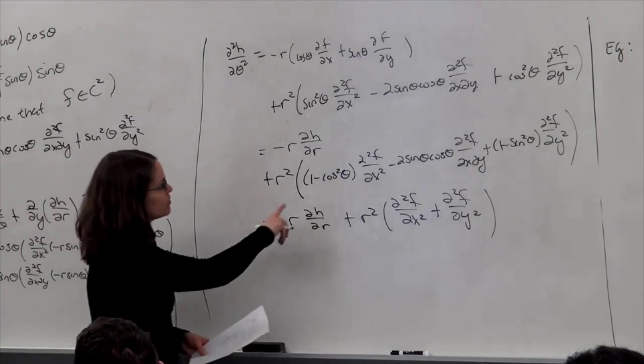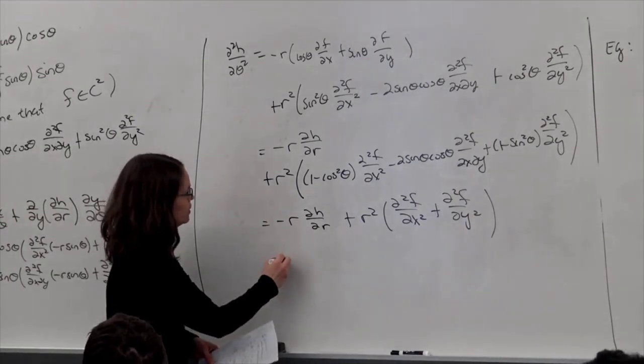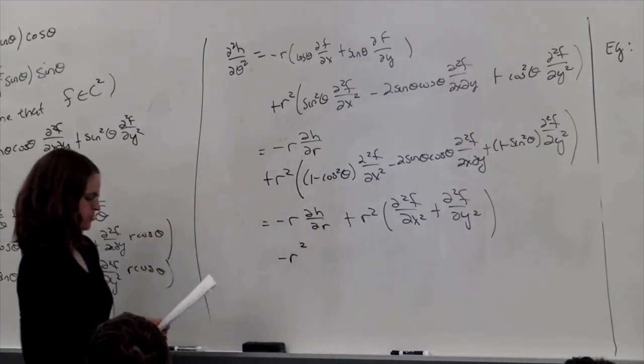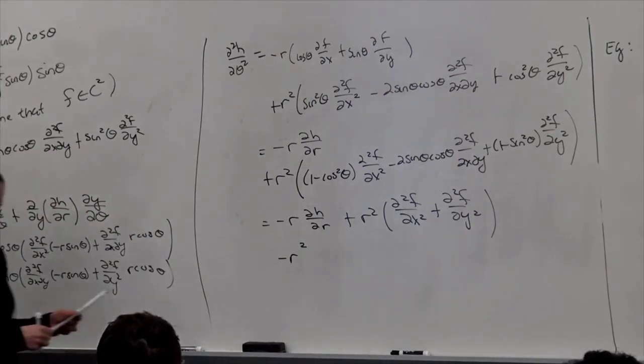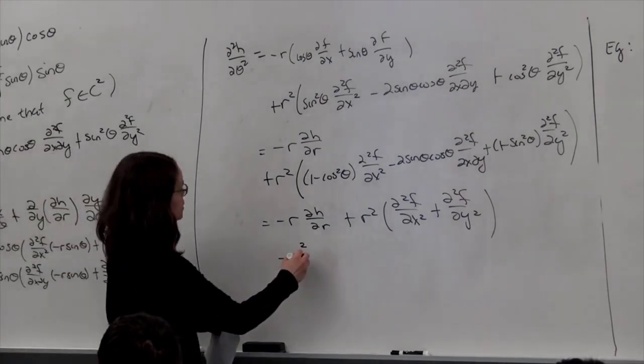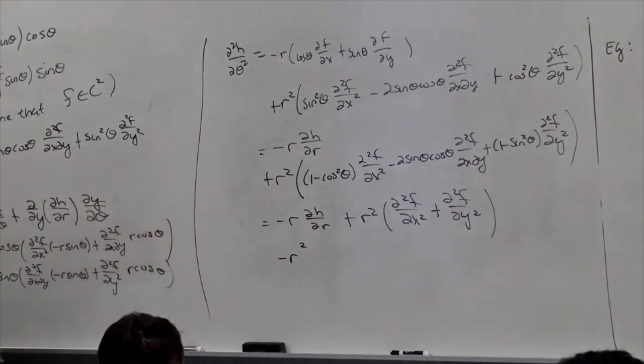Okay, and the rest of this is going to look like another one of my partial derivatives. So this is going to look an awful lot like, where'd it go? Like this guy right here.